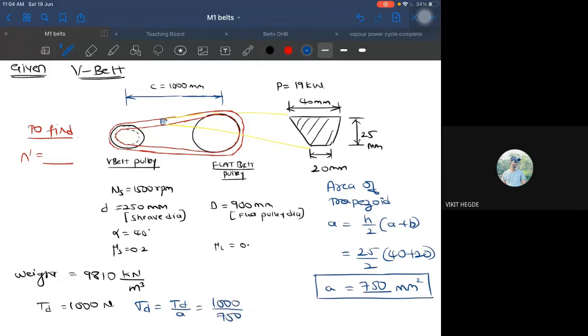So how much is it? It would be Newton per mm square. From this, sigma d would be equal to 1.33 Newton per mm square. Now, what else?